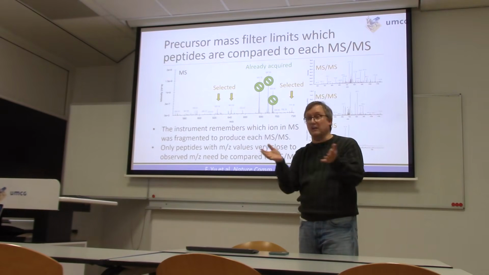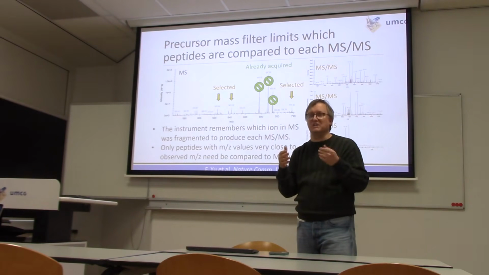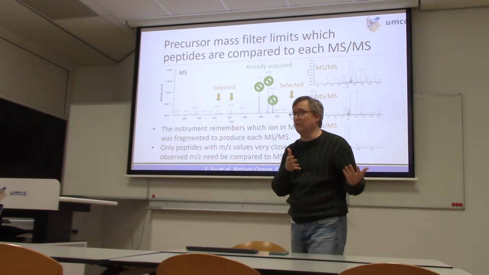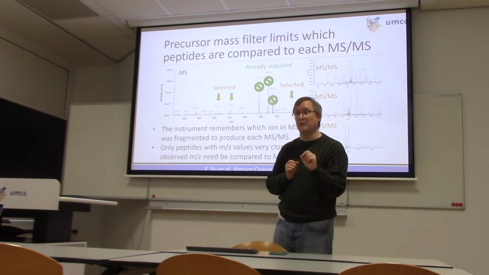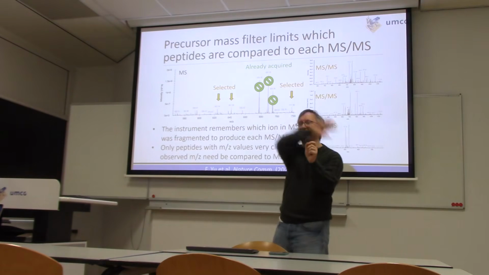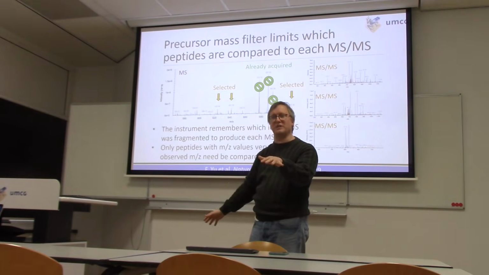Typically, the data that we work with from our core facility have a mass accuracy of around 10 parts per million. And that is an extremely accurate knowledge of what the peptide's intact mass should be. As a result, we can ignore the vast bulk of peptides out there when trying to come up with an explanation for each MS/MS.